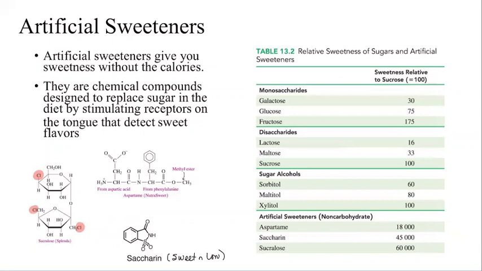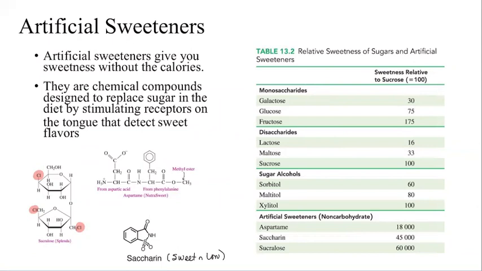Anyways, so let's talk about how sweet is sweet. In table 13.2, we have a table where we are assigning, and this is all done in the laboratory through different detectors, a value of sweetness to the different types of sugars that we have talked about.